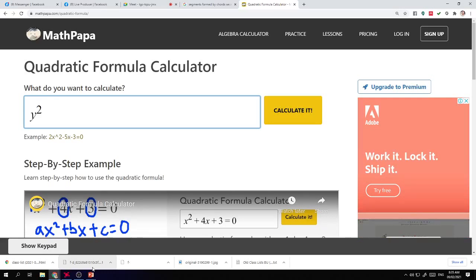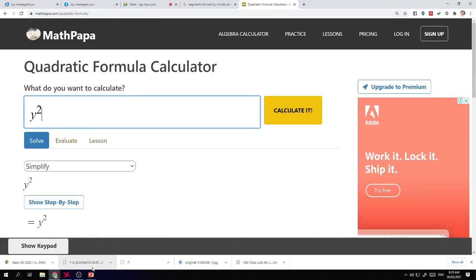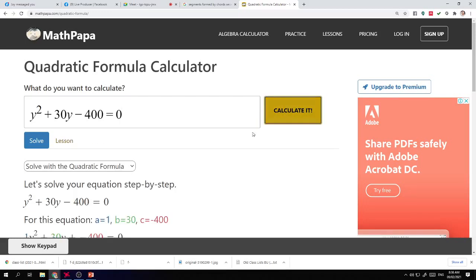Then plus, how much is this plus? Then minus how much? Equal to 0. Calculate. There you go.